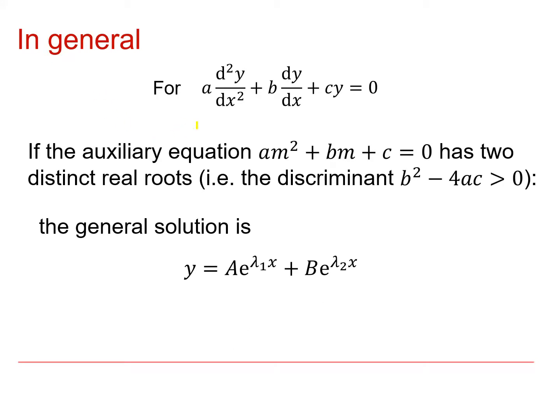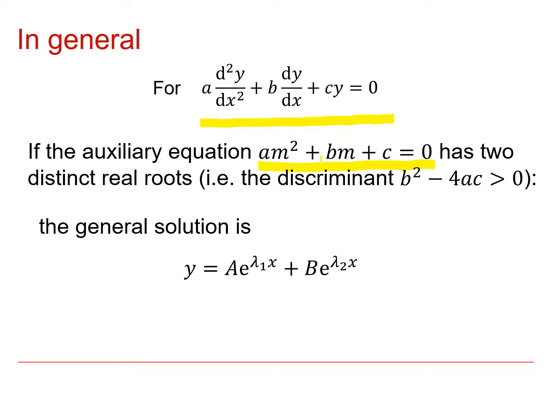So in general, if we've got a second order linear differential equation with constant coefficients of this form, then we can form its auxiliary equation, which is here, and then we solve that auxiliary equation. Now it's a quadratic, which means we can always solve it.